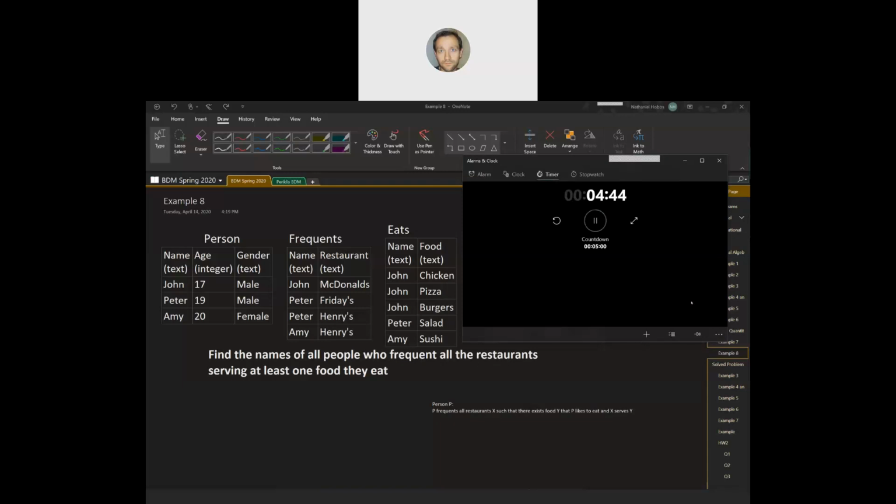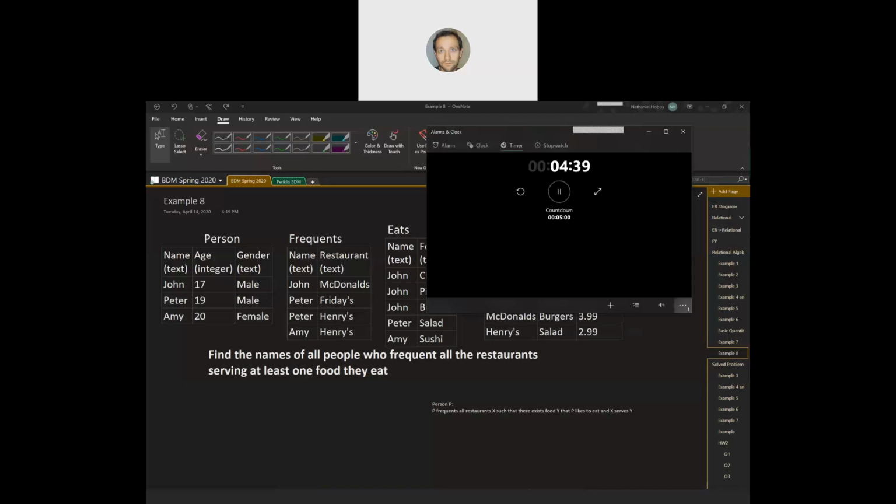Sorry, I'm trying not to block the table here. Hopefully that's okay.